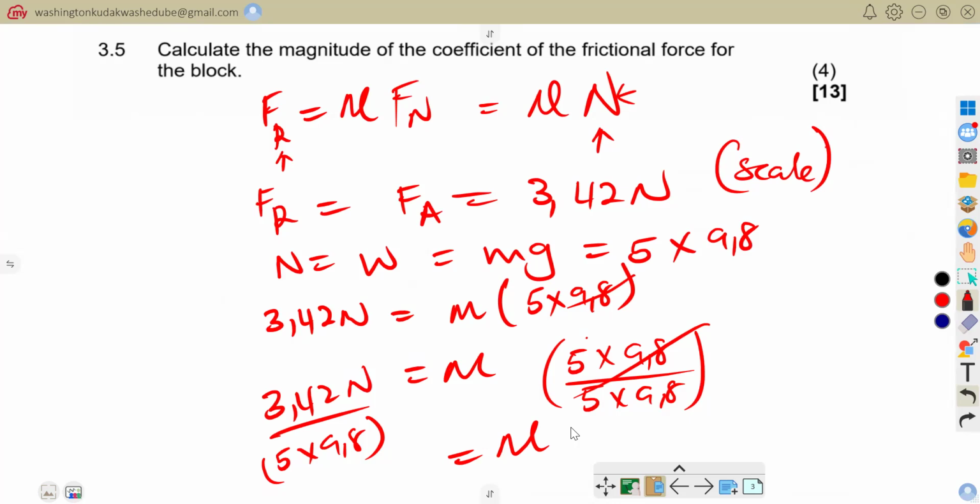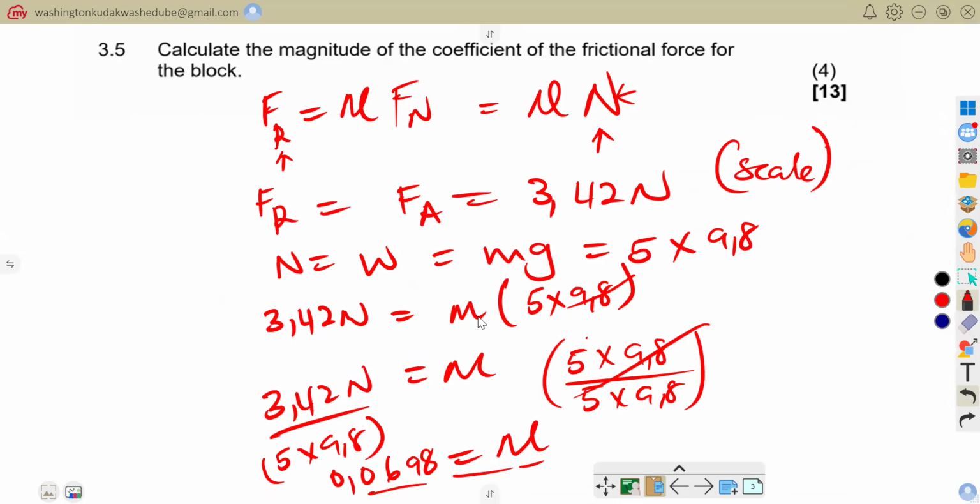So we can use our calculators there to calculate the coefficient of friction. From my calculator, I'm getting a coefficient of friction which is equivalent to 0.0698. So this is going to be the coefficient of friction.